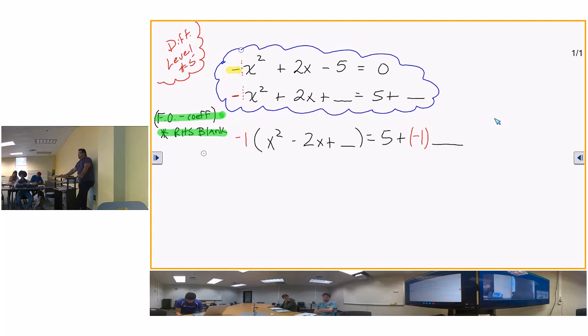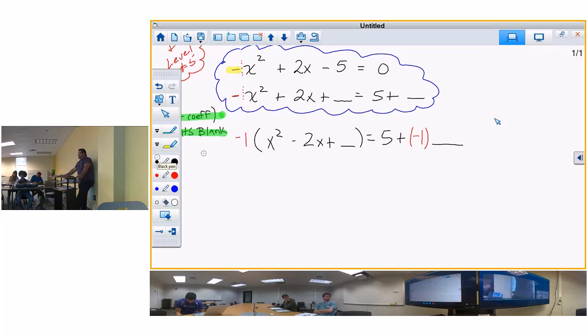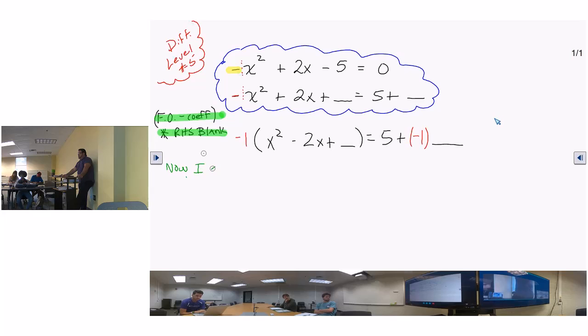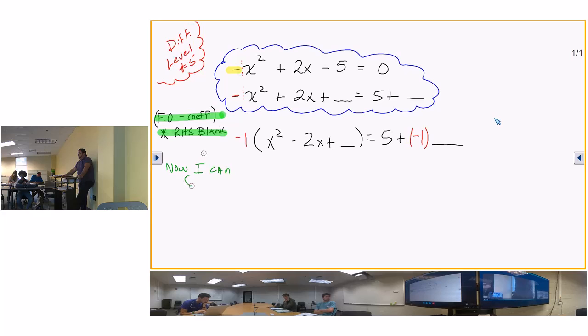The biggest mistake y'all will make is trying to do both at once, and that's not going to work. This comes first, this comes second, and then I can complete the square.